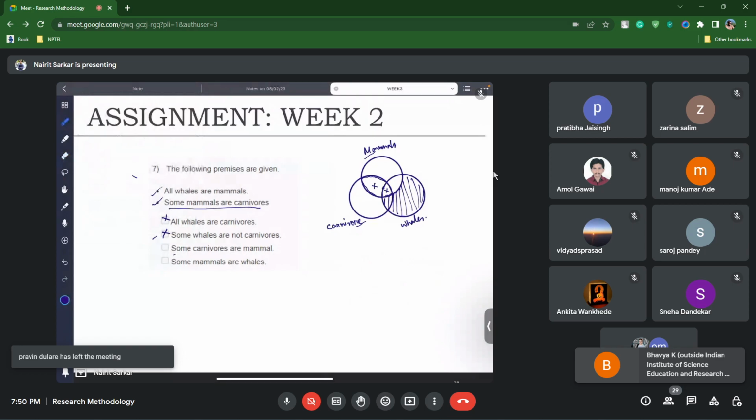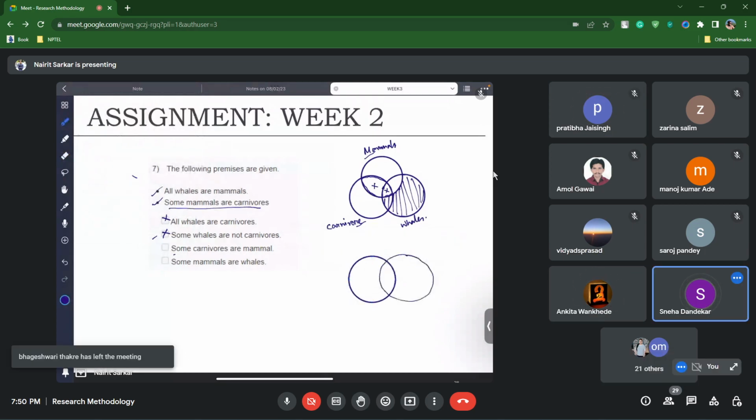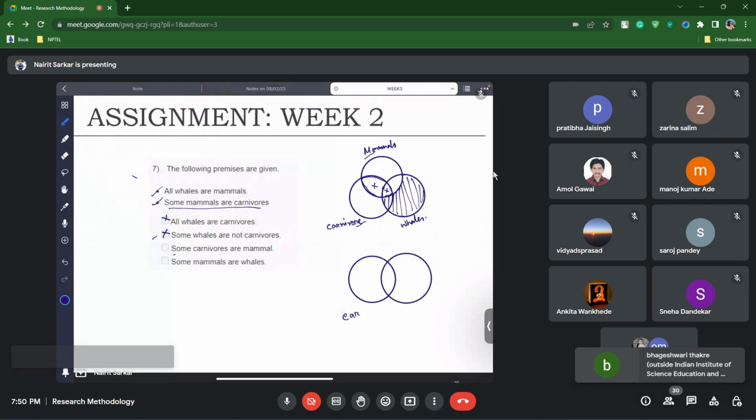Some carnivores are mammals. Valid. So here are some carnivores which are mammals. See, carnivore and mammal X. So it is valid, right? Good.